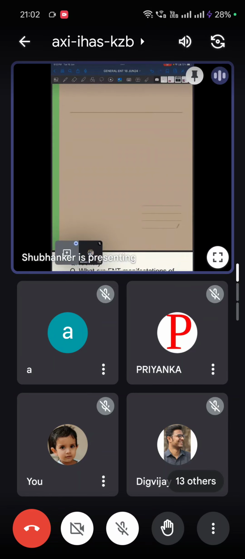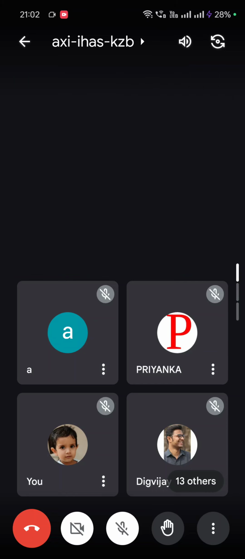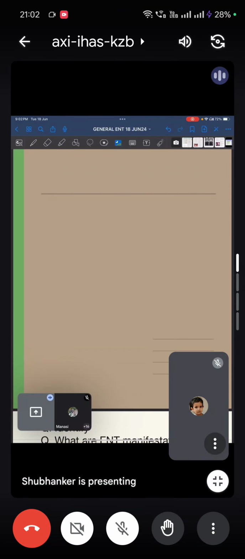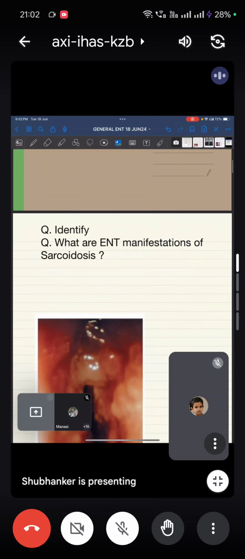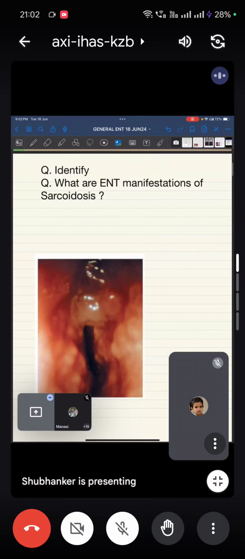So guys, today we'll be discussing two of the important diseases which will be troubling us during our OSCEs and even in the theory exams also. So coming to the first point, there will be a clinical picture given to you, that a 36-year-old male or female comes to you with complaints of nasal obstruction.